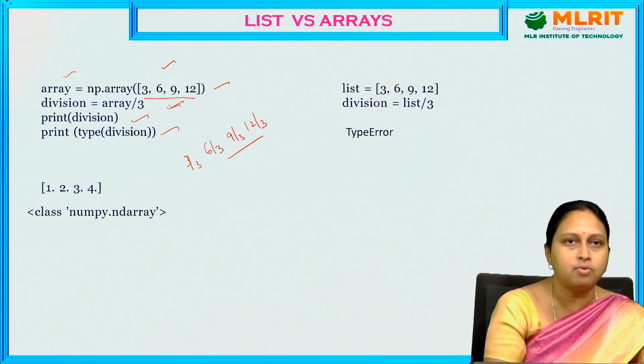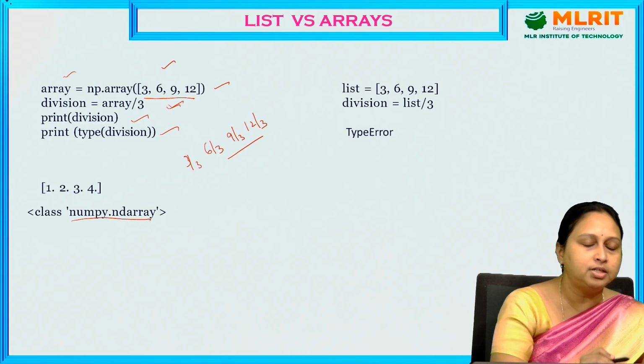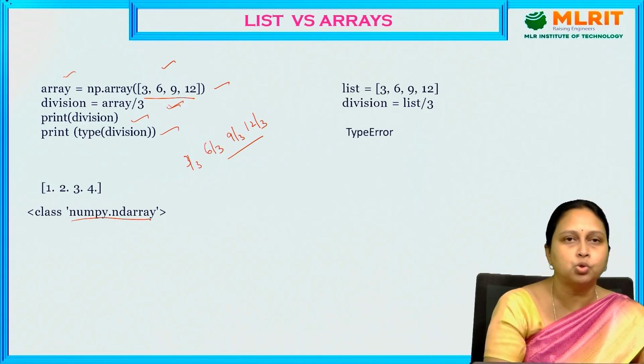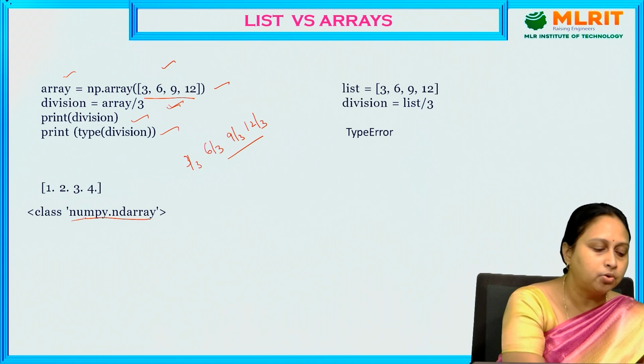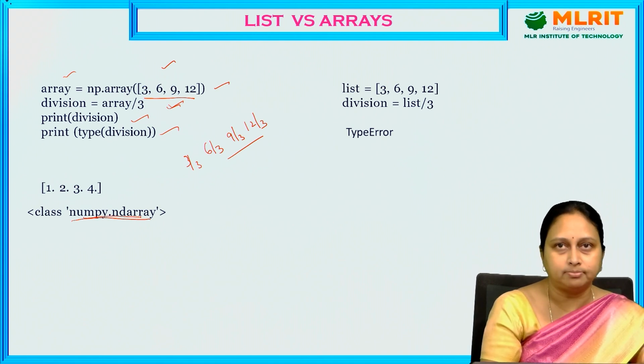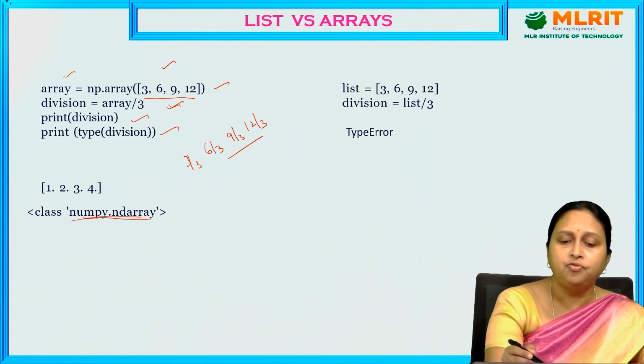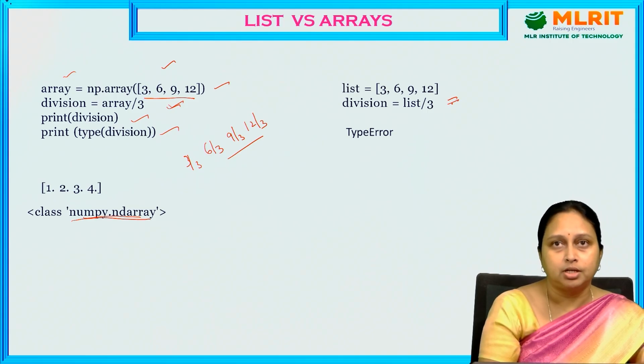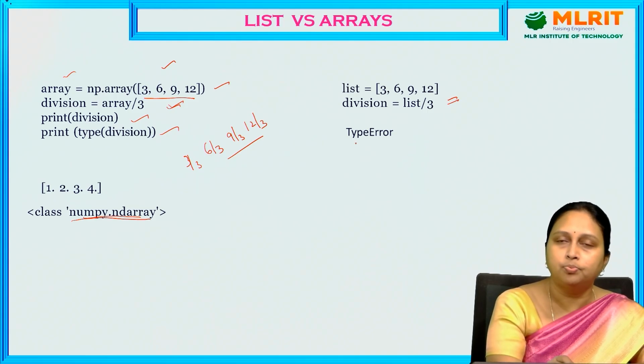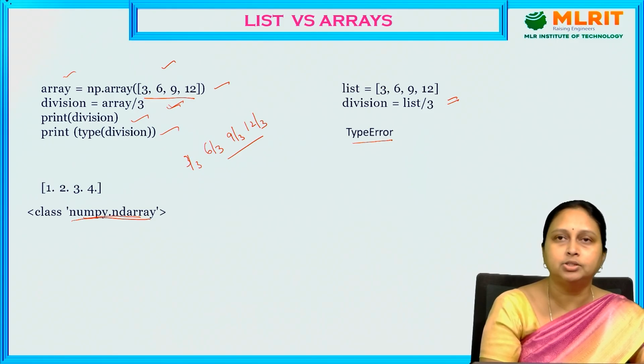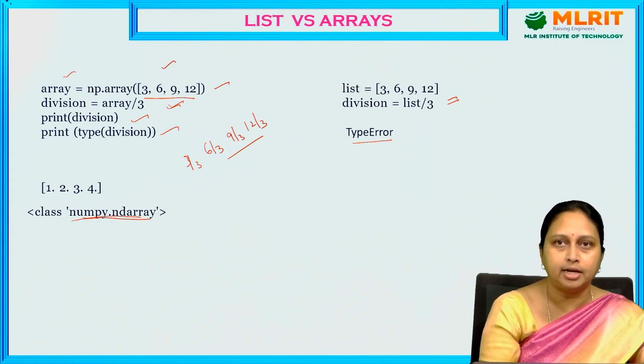That's why you are getting 1 point, 2 point, 3 point and 4 point. And the type of the division we have performed is NumPy, where we have used arrays, so it is going to return its type as NumPy. In the same way, if you apply it to a list, it is not possible to perform any mathematical operations on a list, so it is going to display a type error, right? This is the difference you are going to find between lists versus arrays.